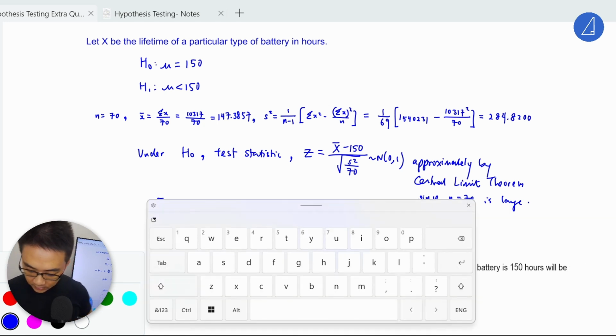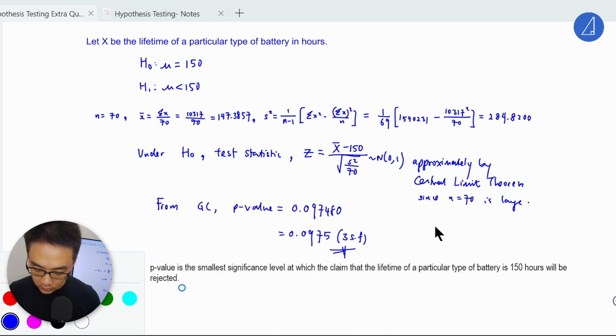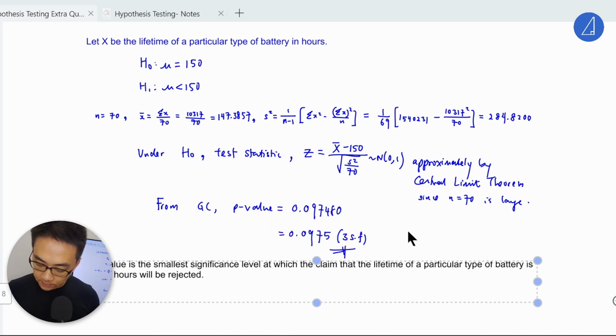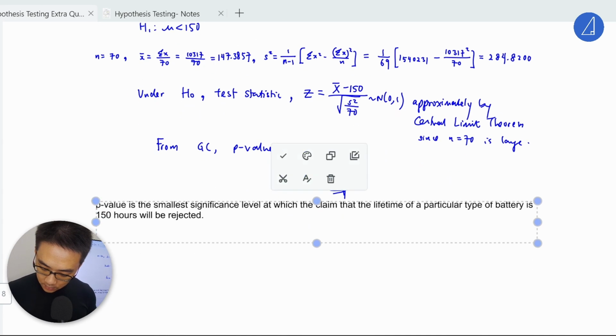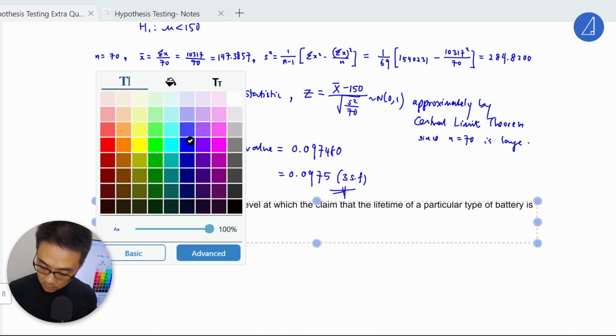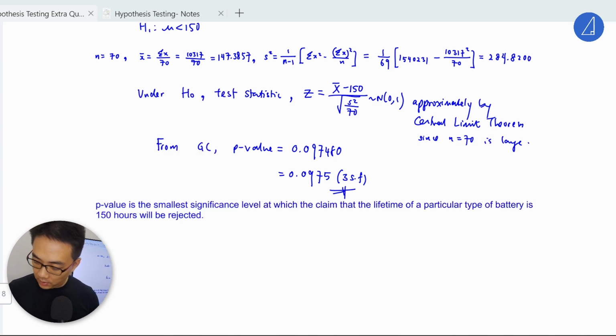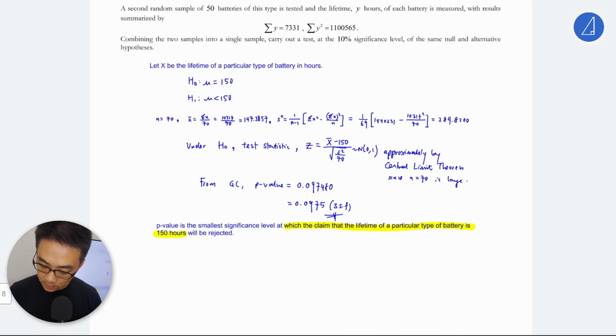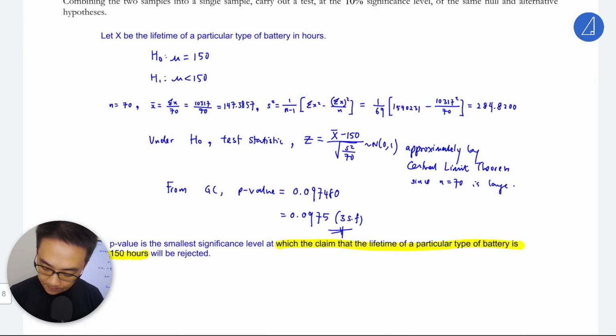So it's the smallest level of significance at which H null will be rejected. You just replace the H null with whatever is in the context of the question there. So this is H null here.